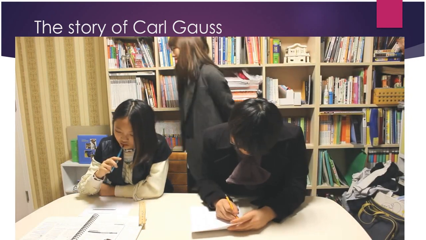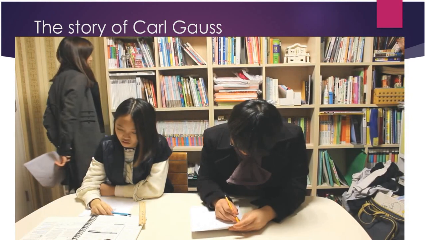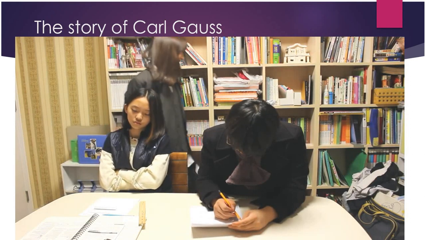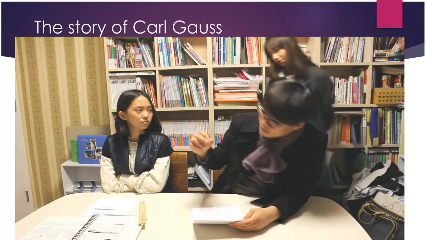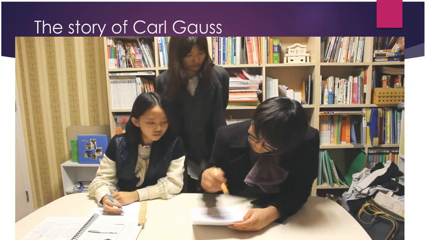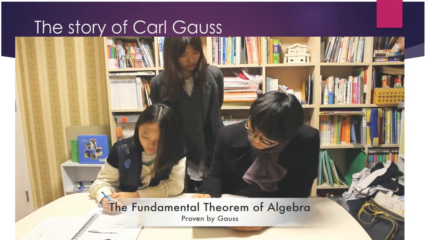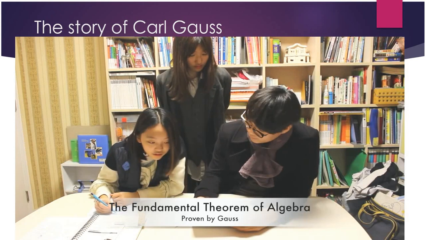I can bet that nobody here can prove this statement. Is there anybody at least willing to try? Professor, yes? I shall prove that. So this is the fundamental theorem of algebra that I proved. Please listen.